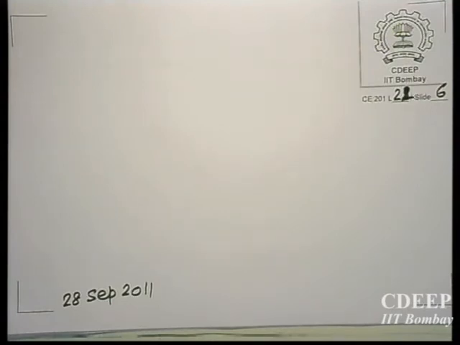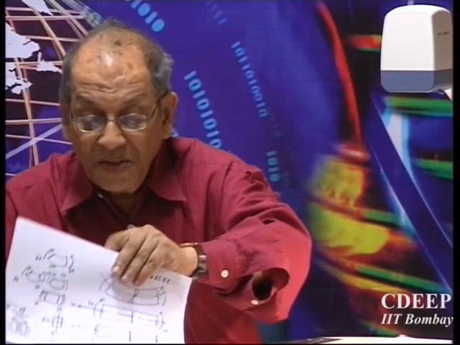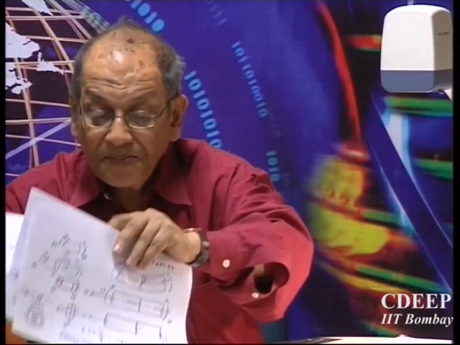So this is Euler-Bernoulli beam theory. So the assumptions in Euler-Bernoulli beam theory are the following. What are the assumptions?